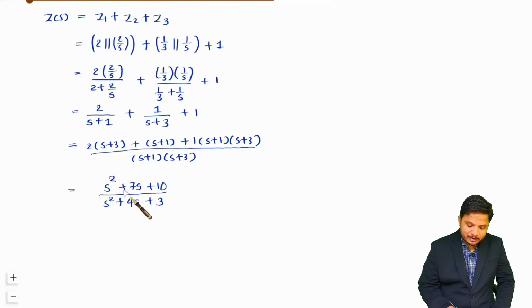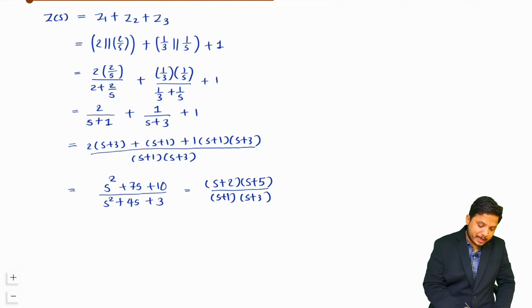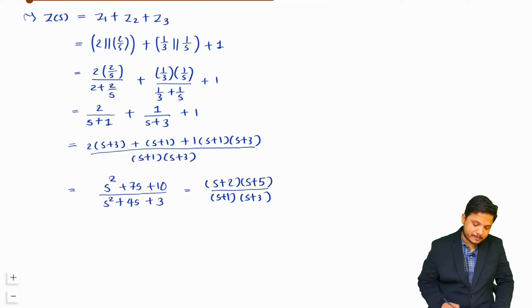You may be given this answer in another form: since 7S is there, and 5 into 2 is 10, the numerator can be written as S plus 2 times S plus 5, divided by S plus 1 times S plus 3, as 3 can be divided into 3 and 1, which makes 4. So this is how we can identify Z of S.